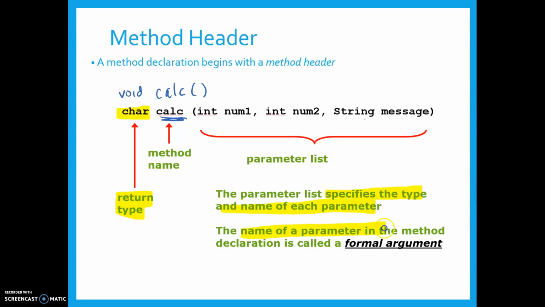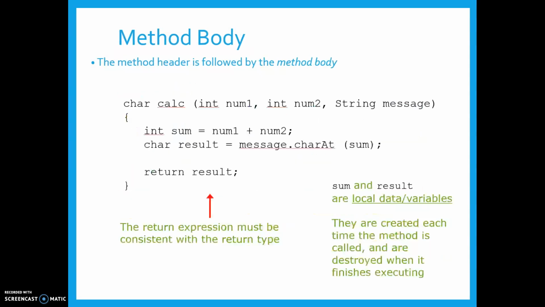And the name of the parameter in the method declaration is what we call the formal argument. And the way that I think about this is formal is how it is officially going to be called inside the method code. So if we look at the next slide, it has the code that goes with this method.